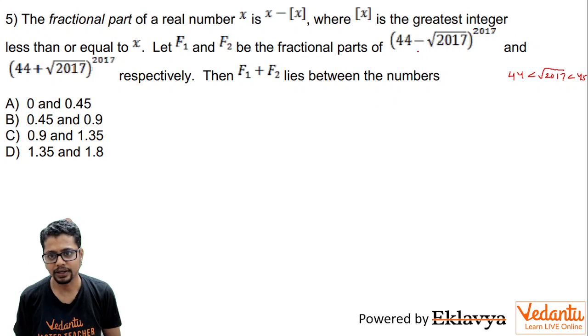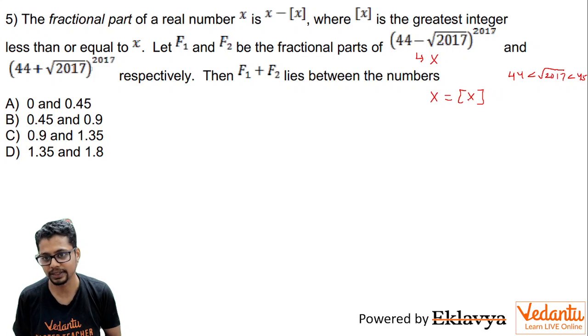If I say this to be x, then x is equal to the greatest integer part of x plus the fractional part of x, which is f1. Since x is between -1 and 0, the integer part of x would be -1. So x is equal to f1 minus 1.